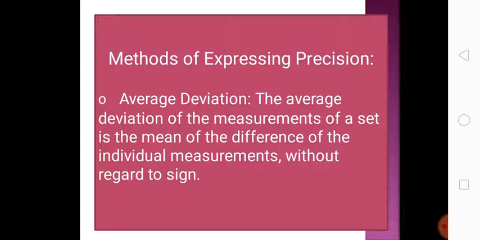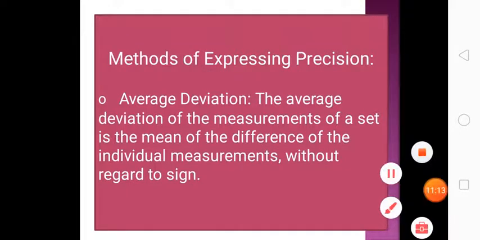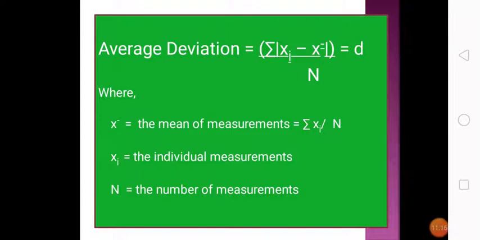The average deviation of a set of measurements is the mean of the differences of the individual measurements without regard to sign. So we can express it in mathematical terms.